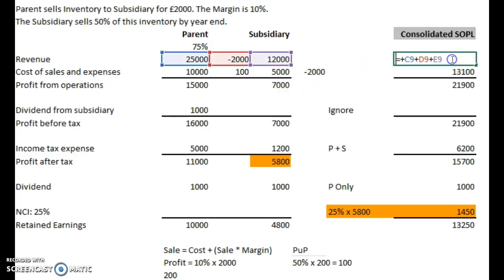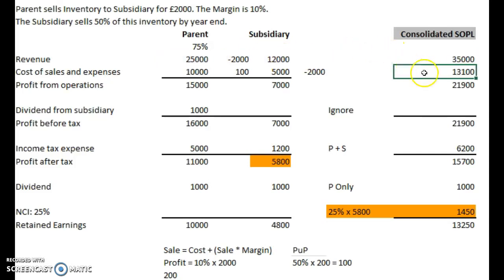And then we just add it up. Revenue of the parent minus the transaction plus the subsidiary's revenue comes to 35,000. Add parent cost of sales, the adjustment for the PUP, the £5,000 subsidiary cost of sales, and the transaction adjustment. It comes to 13,100. That's a simple calculation. We ignore the dividend from the subsidiary. Income tax is both parent and sub.